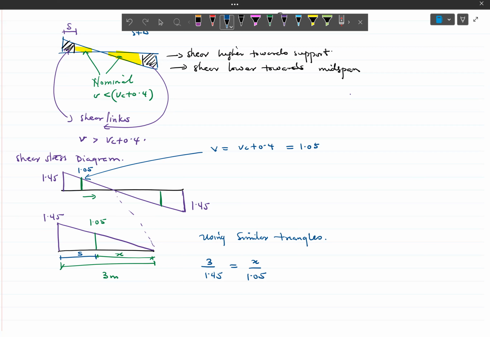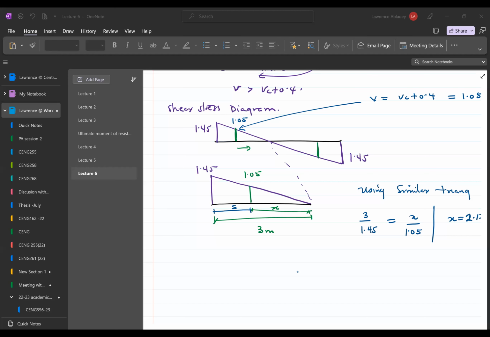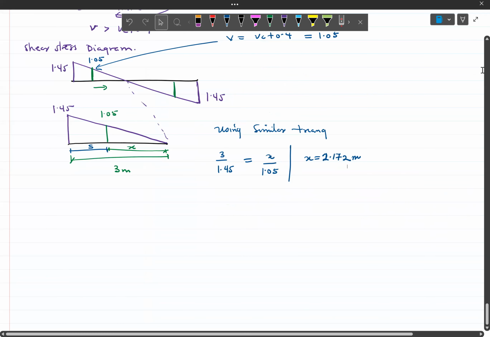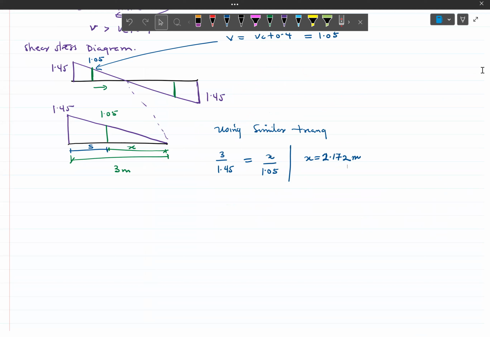So let's find x. Our x is equal to 2.172, which means we can determine what the s value would be.